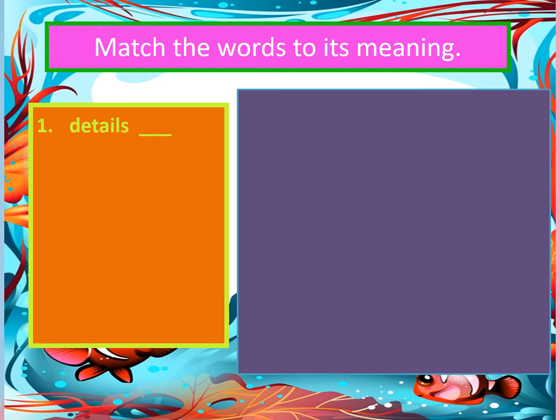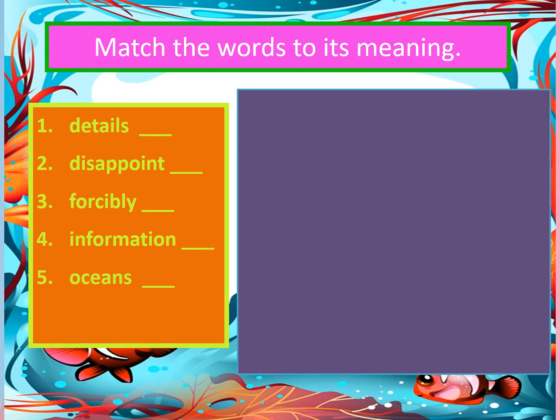Number 1, details. Number 2, disappoint. Number 3, forcibly. Number 4, information. Number 5, oceans. And number 6, stroke.